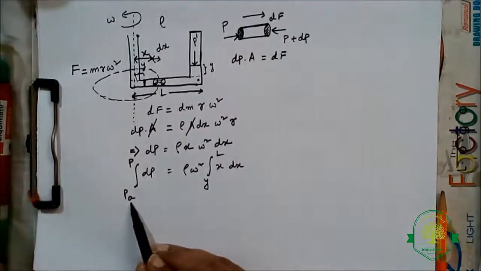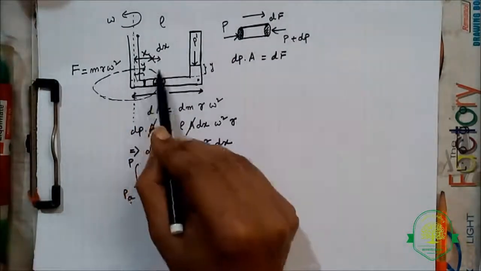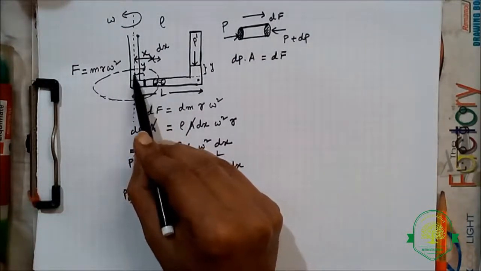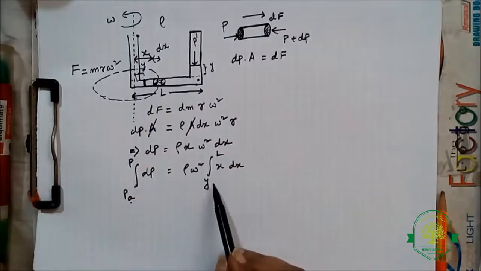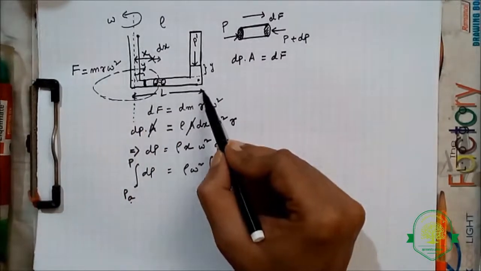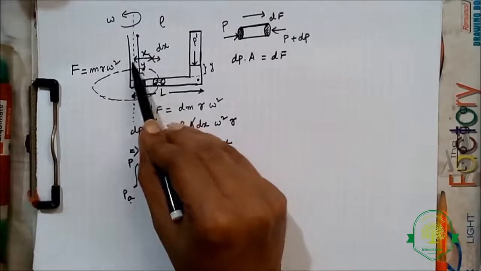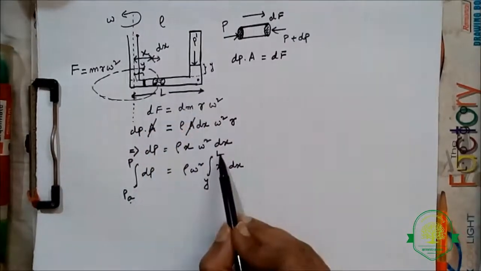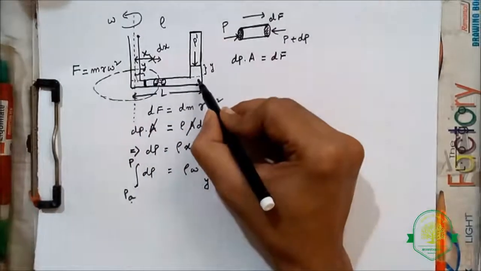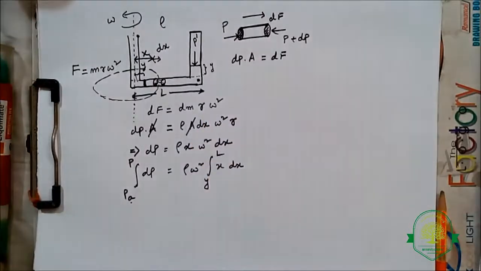So we have a PA here, and X also starts from here. At this point X is just Y. We go up to here, at which point X becomes L, and we assume that the pressure here is P.